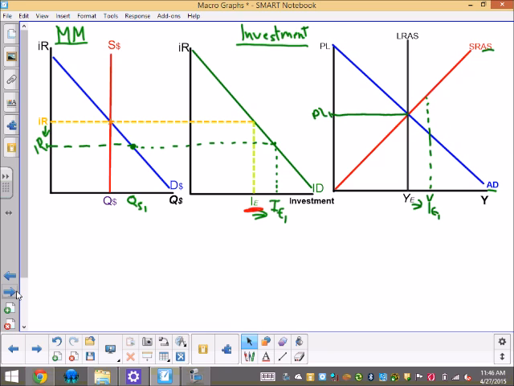Now, there's one little catch. Sometimes if you increase investment spending, that means firms are buying capital goods. And if firms increase capital goods, if we remember our production curve, that means firms can supply more goods. And that could move what in the long run? So it can, in theory, move supply. But keep this in mind.